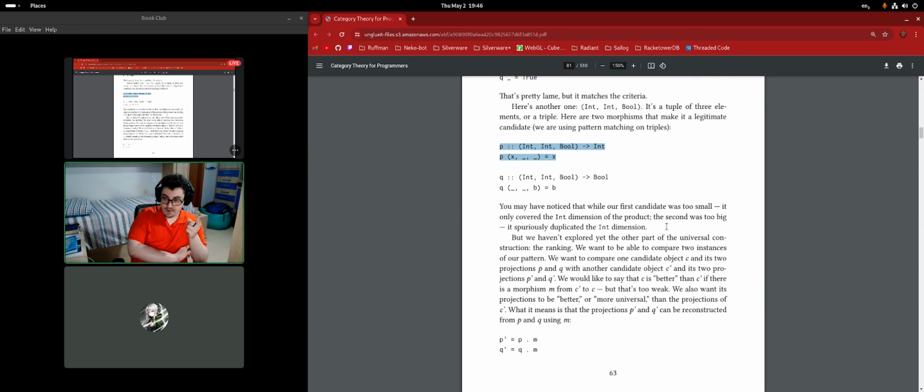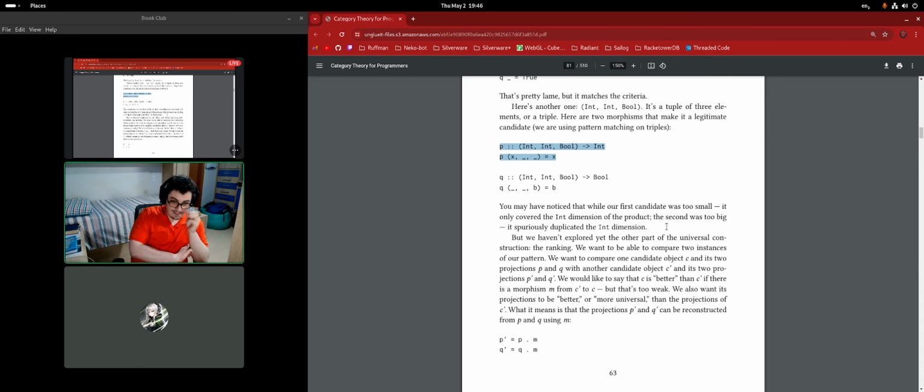And the suggestion here is that we would like to say that C is better than C prime if there is a morphism M from C prime to C, right? We want to say that. We also want its projections to be better or more universal than the projections of C prime.